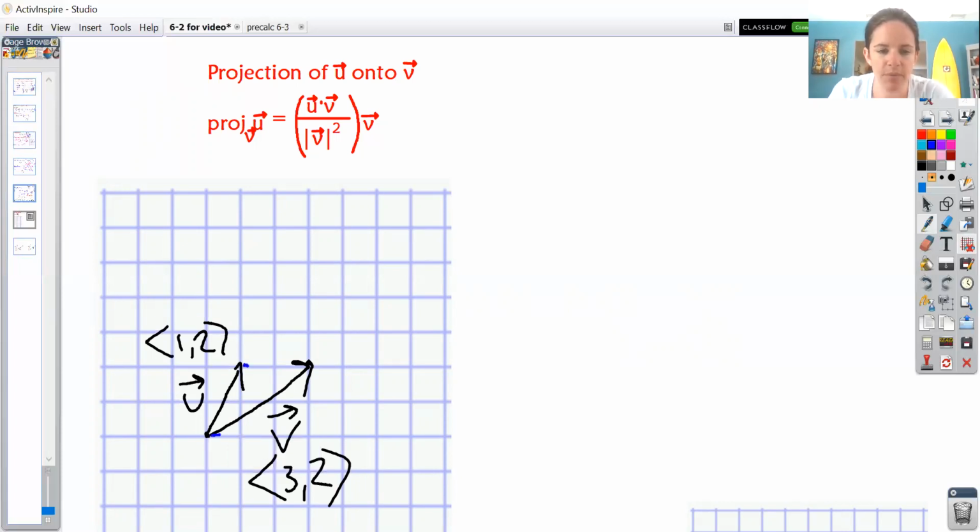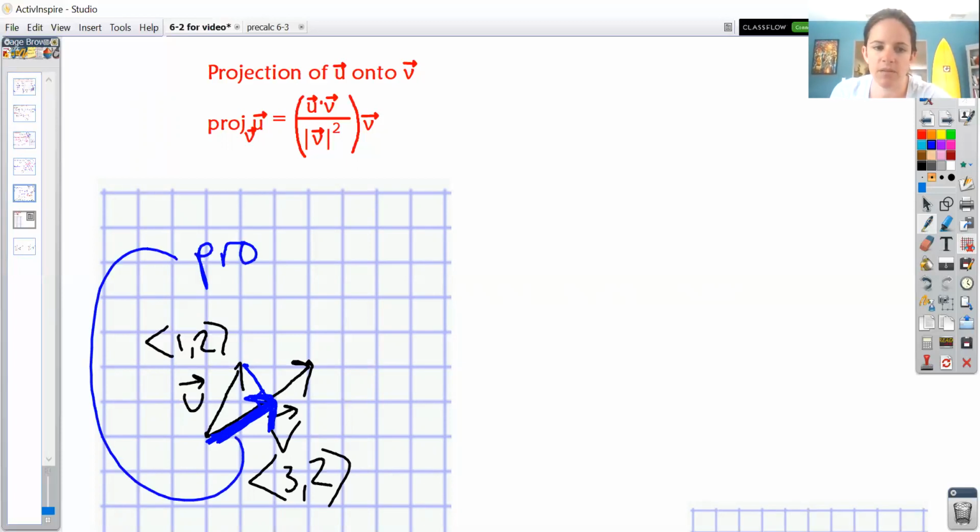So to do that, I'm going to put my pen on the tip of the arrow, and I'm going to drop a perpendicular down to vector v, and wherever that perpendicular meets vector v, right there, that is the projection of u. So notice u is the one that's normal size, that's in the line, and then onto v, we go backwards and we put the little subscript of onto v after that. And that's how you would read that.